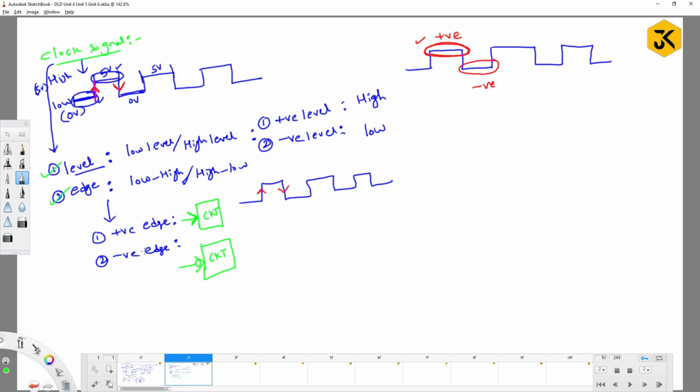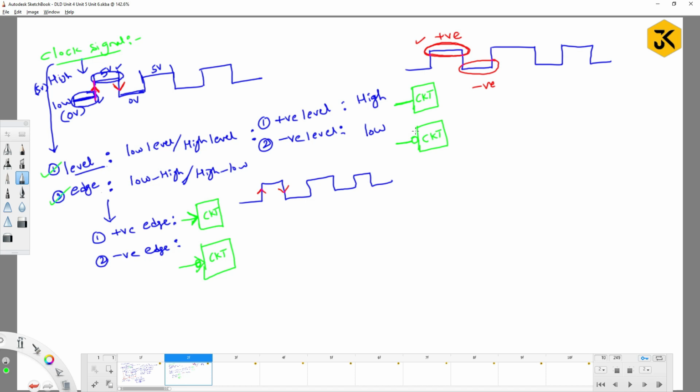Positive edge clock signal as well as negative edge clock signal we can represent with an arrow symbol, with a bubble for the negative one. Whereas positive level clock signal means there is a circuit, and if you have a plain wire symbol, I can call it a positive level clock signal. Similarly, if the circuit has a bubble with a plain wire, I can call it a negative level clock signal.